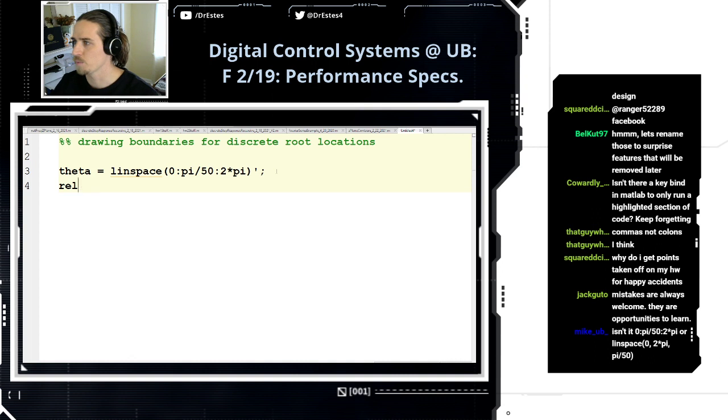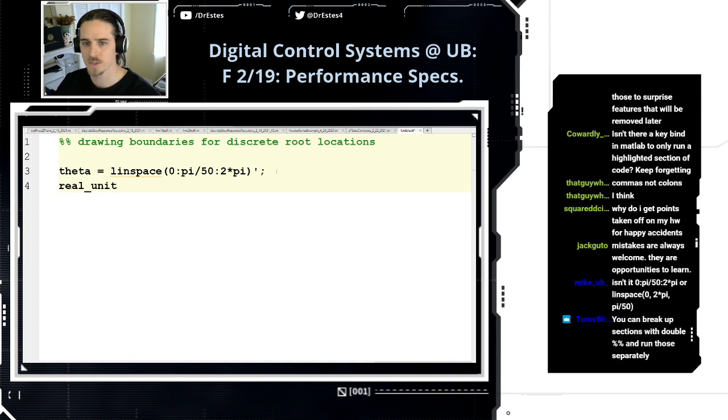So we'll have the real component. I'll just do Cartesian coordinates, I'll have the x, y. The real component will be cosine of this angle, and the imaginary component of this unit circle is going to be sine of this angle. And this is going to make a circle.